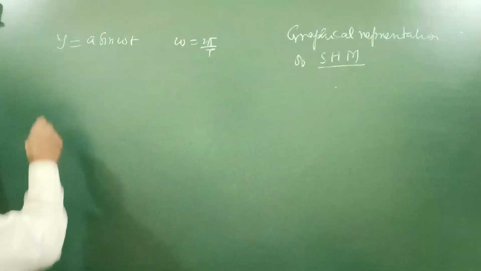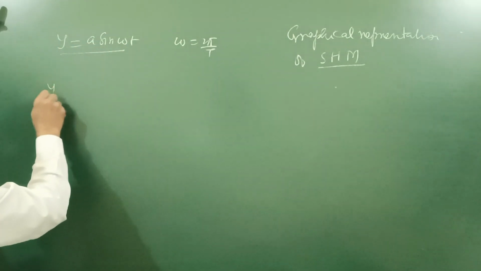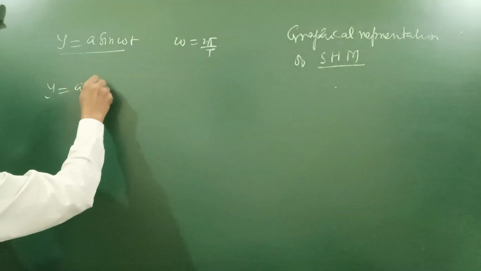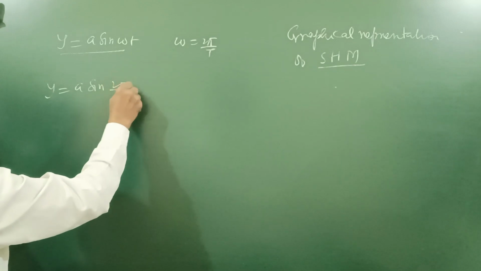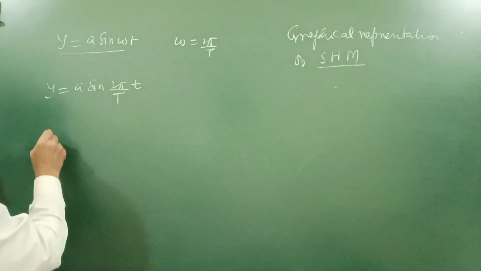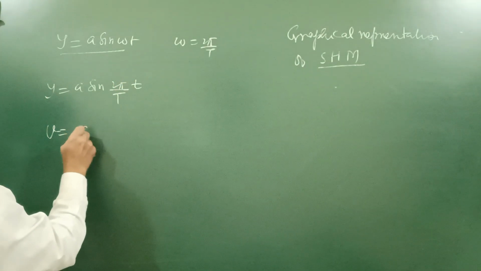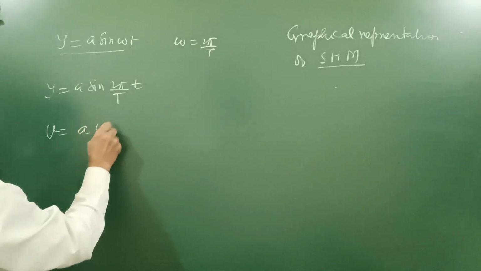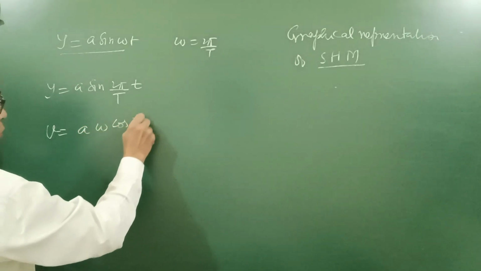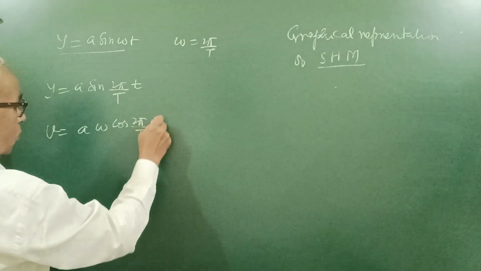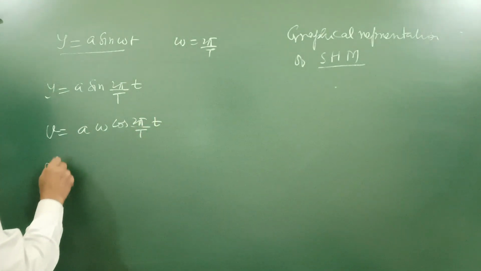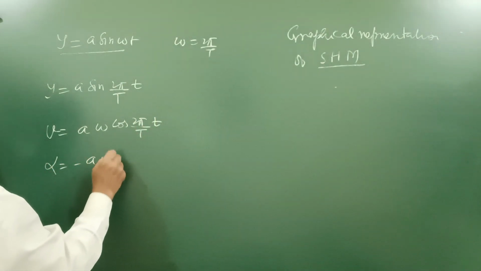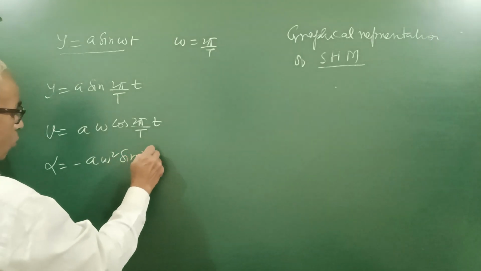Y equal to A sin omega t, or you can write Y equal to A sin 2 pi upon capital T into t, and V equal to A omega cos 2 pi upon capital T into t, and alpha equal to minus A omega square sin 2 pi.